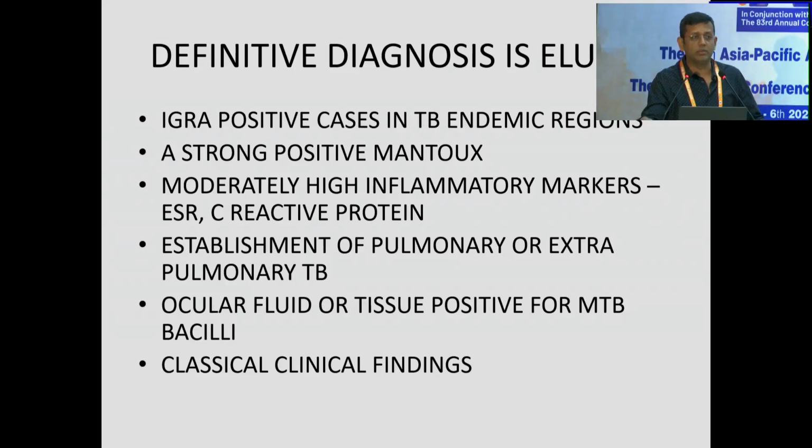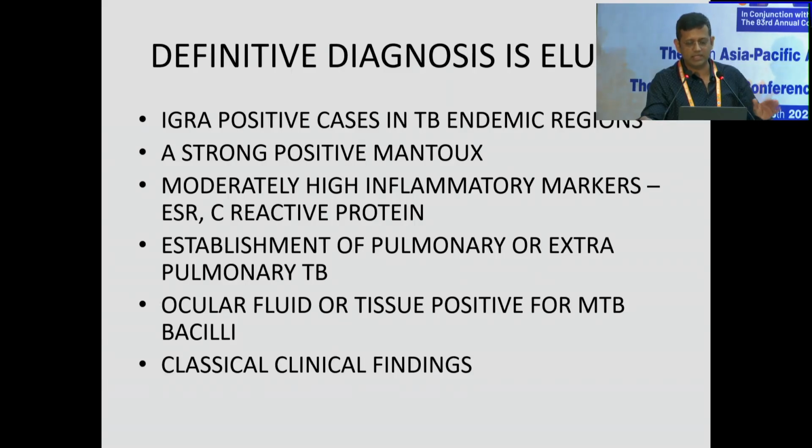So the cornerstone for investigation has always been the MANTU test, the skin tuberculin test. And a strong positive MANTU, as they say, is a definite sign of an exposure of the patient to tuberculosis, Mycobacterium tuberculosis, and uveitis in such patients.